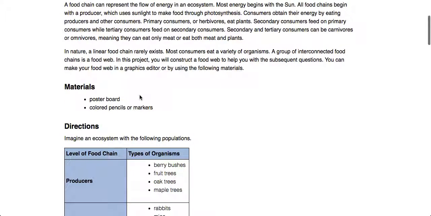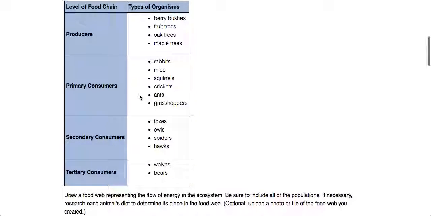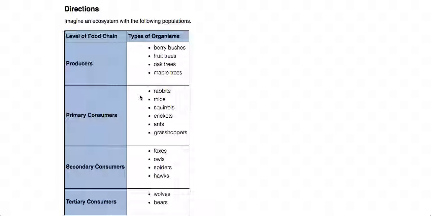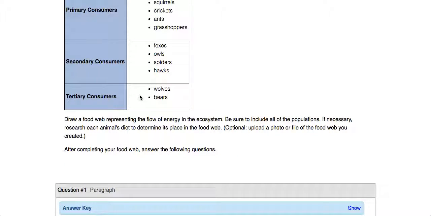So the goal here is to imagine an ecosystem with the following population. Here it gives you all of these consumers. If you choose to do the online version of it, it will give you one similar to this that you can use. So you're not limited to this, but this is just a good starting point. You're going to draw a food web that represents the flow of energy between ecosystems.